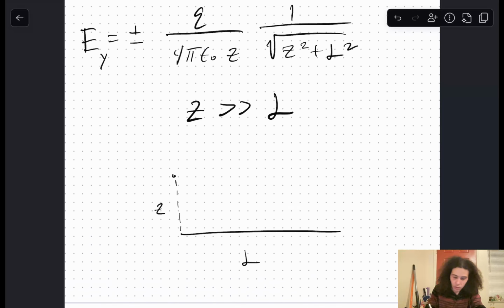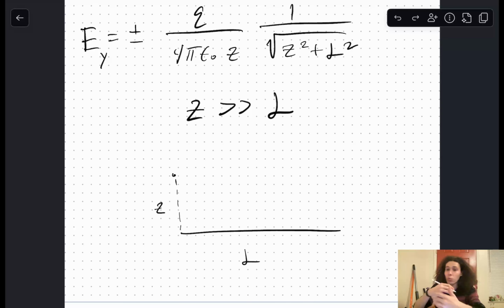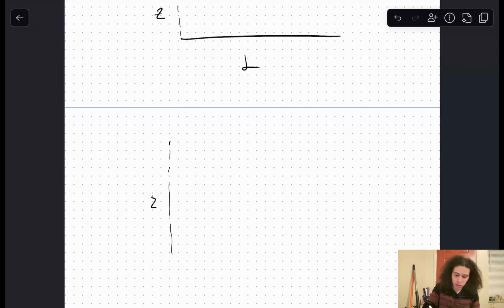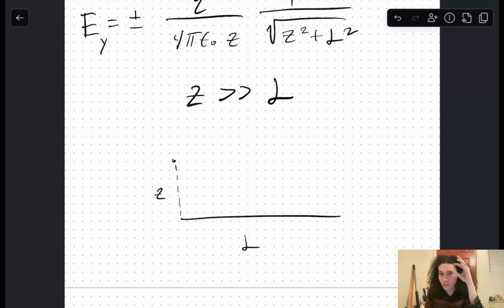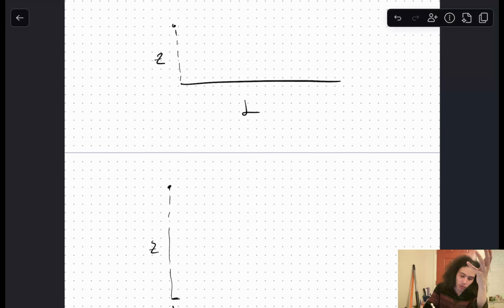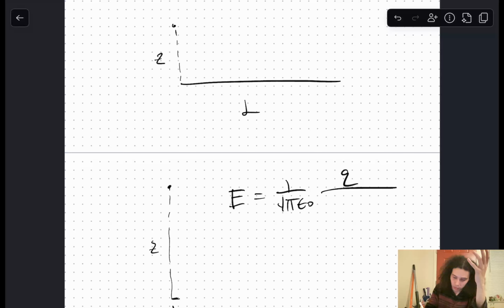If z becomes really big, if you're really far away from this rod, so far that the rod looks really small, we expect this equation to go down to the electric field of a point charge, 1 over 4 pi epsilon naught, Q over z squared, since z is the connecting line and both charges are positive.